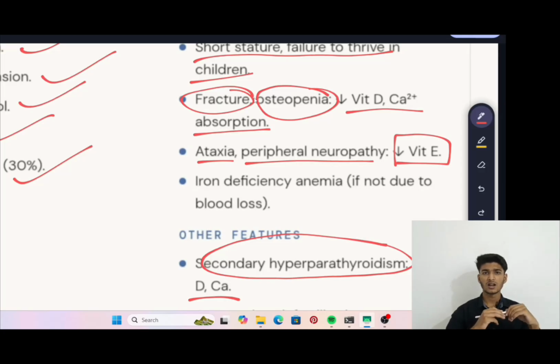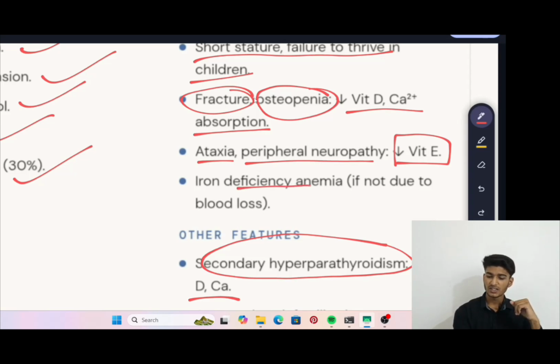What is ataxia? There is no muscle coordination, that is referred to as ataxia. In peripheral neuropathy, the peripheral nerves are getting affected. They are not functioning properly due to the deficiency of vitamin E. And why is there a deficiency of vitamin E? Because the individual is unable to absorb vitamin E from the small intestine.